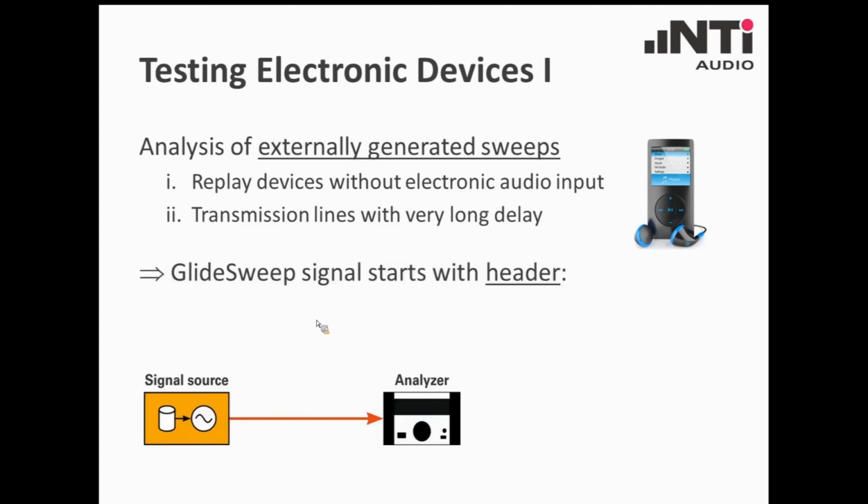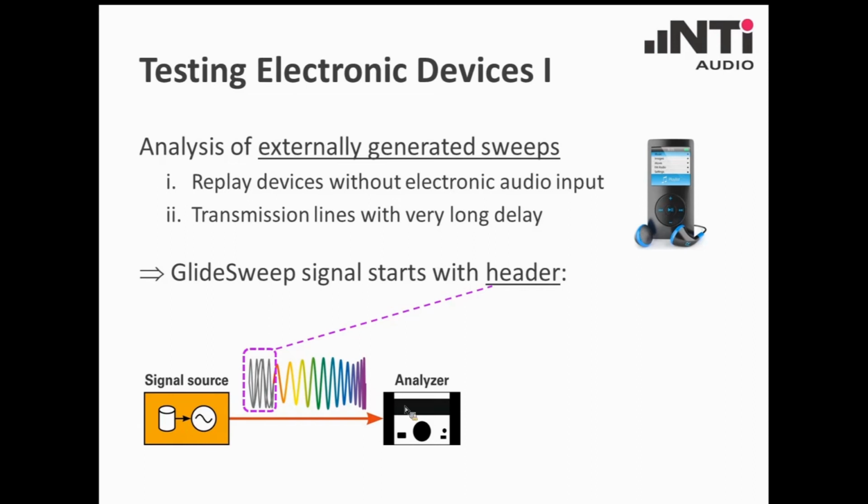And the answer to both applications is that we apply a header to the GlideSweep. Here you see the fundamental setup of this test, and we are transmitting the GlideSweep, now adding a unique signal in front of the GlideSweep. So this is a combination of several sine waves, a unique combination, and the analyzer can detect this pattern, and as soon as it reads it, it knows now the GlideSweep will follow.